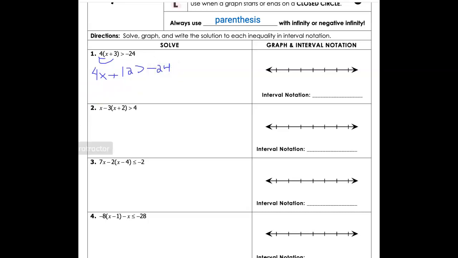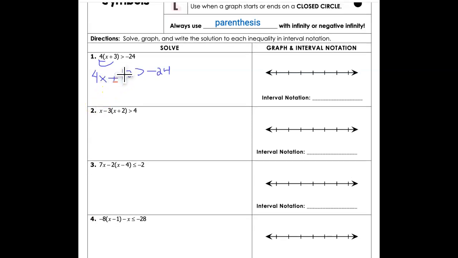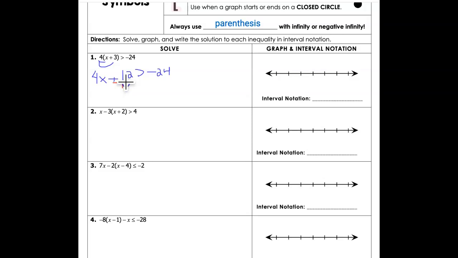So first thing we'll do, we'll get rid of the 12. Since it's being added, we have to subtract it from both sides. So minus 12 on both sides. Both our numbers are negative here, so we're going to add the 24 and the 12, but keep it negative. So now we have 4x is greater than negative 36.